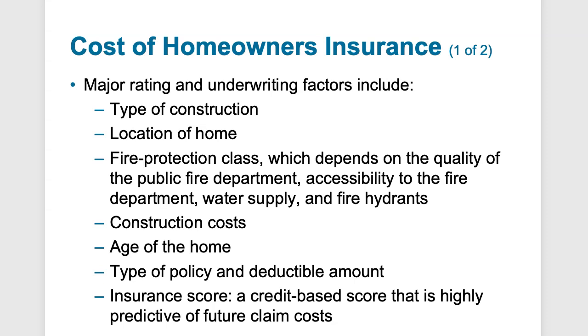Okay, so all the territories are rated. The insurance companies keep statistics in all the territories as far as number of claims filed, the average size of the claim. All these things are going to factor in, because what the insurance company is going to do at the end of the day, no matter what the insurance company is, home or auto, they're going to take all the statistics in. They're going to look at all the claims paid. They're going to look at all the factors that they can about you, about your home, about your area, and they're going to try to come up with a rate that's going to guarantee them a profit based on a big enough pool of people.